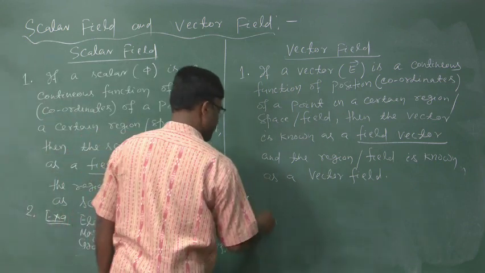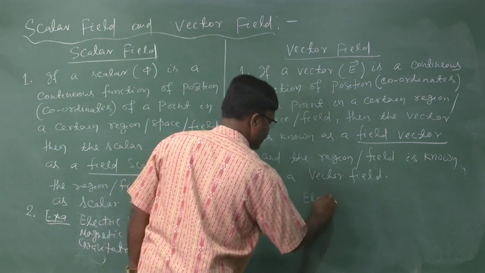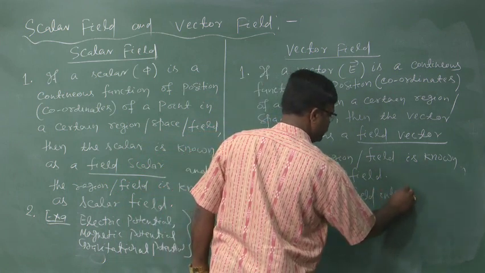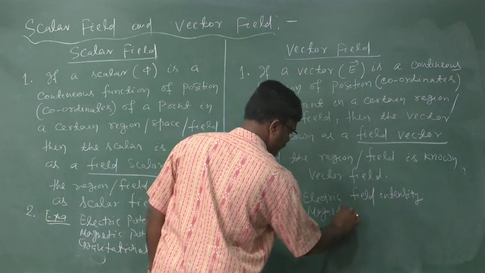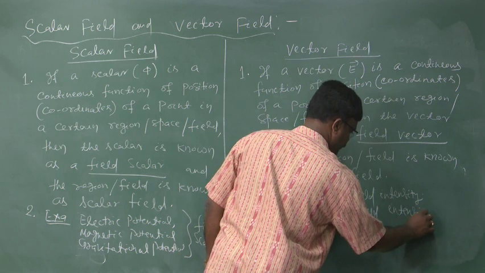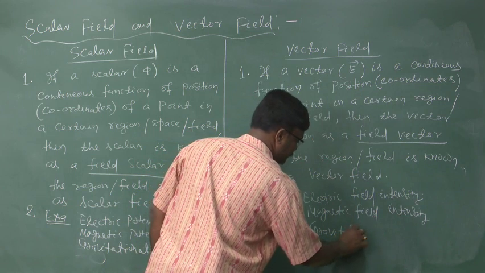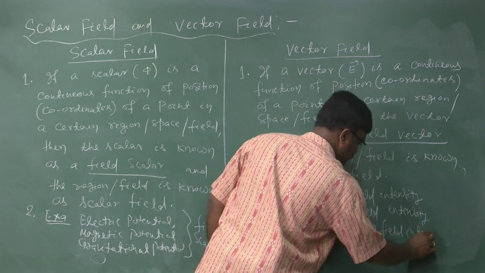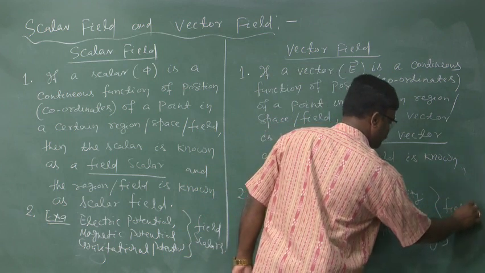Similarly, example: electric field intensity, magnetic field intensity and gravitational field intensity, all are field vectors.